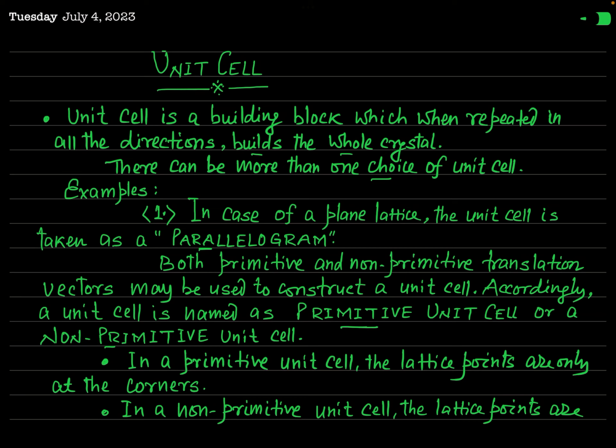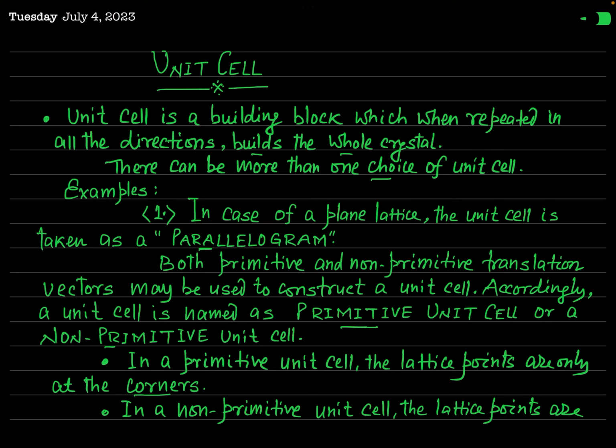But there may be a simplest way to differentiate between this primitive and non-primitive unit cell. If you consider that there is a unit cell and the lattice points are lying only at the corners of the unit cell, only at the corners, nowhere else, then such a unit cell is called a primitive unit cell. So I have mentioned it here. You can see that in a primitive unit cell, the lattice points are only at the corners, nowhere else.